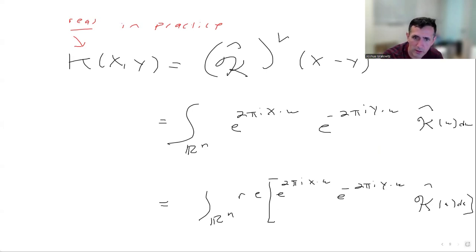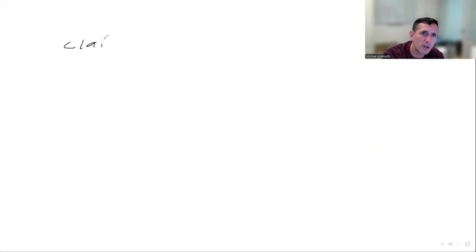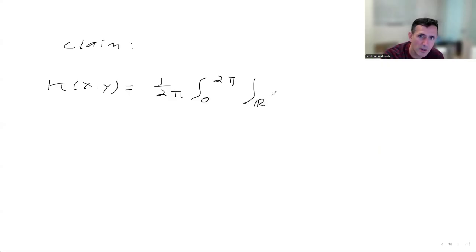Okay. So at this point, I'm going to make the following claim. This is actually remarkably easy. I claim I can write k in this way: 0 to pi. So I'll write down what these are in a second.